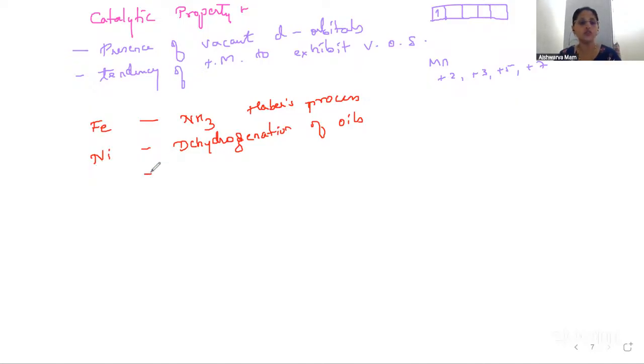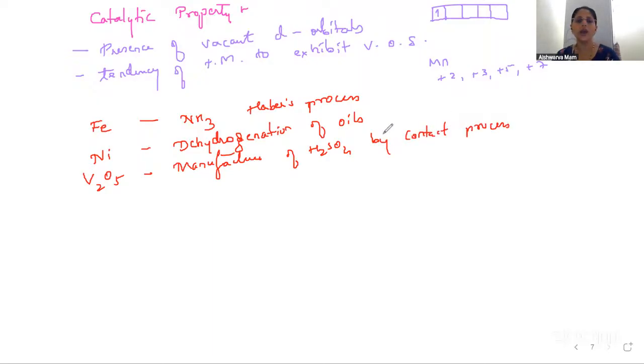Manufacture of H2SO4 by contact process. Which catalyst is being used? Vanadium pentoxide is used for manufacture of sulfuric acid by contact process. Then you have one more example, MnO2, manganese dioxide. It is used in the preparation of oxygen from KClO3.